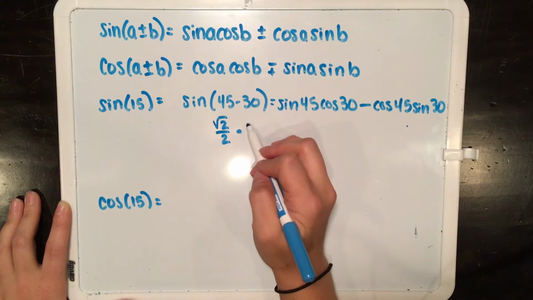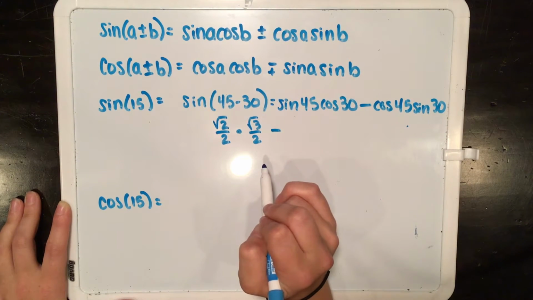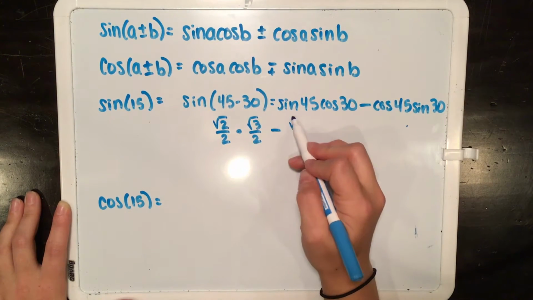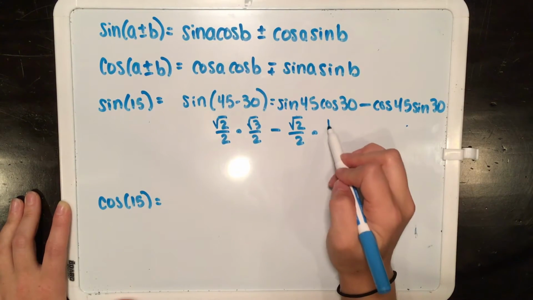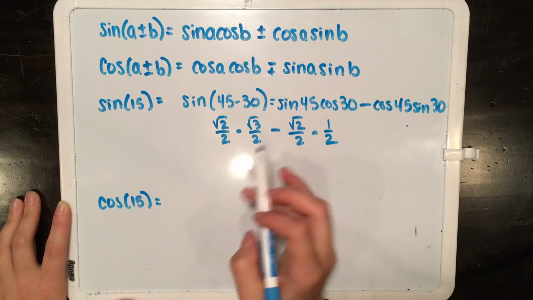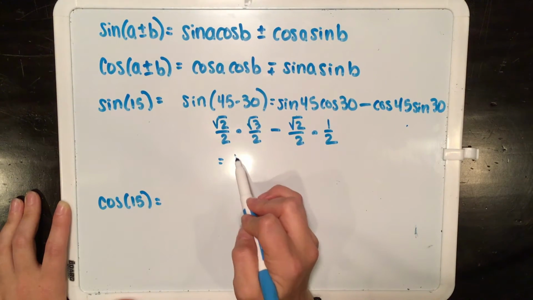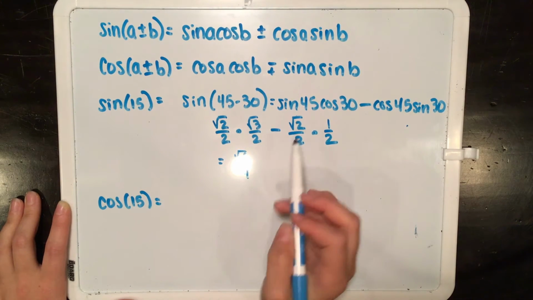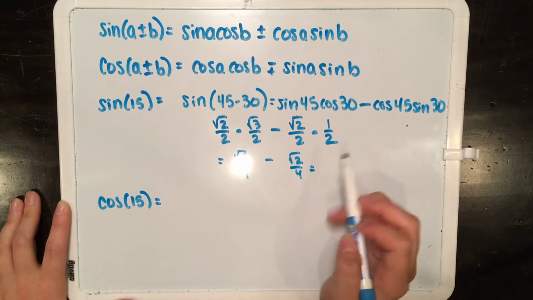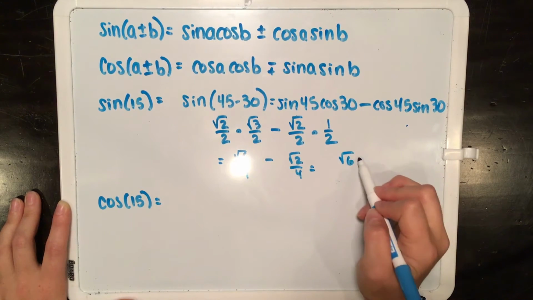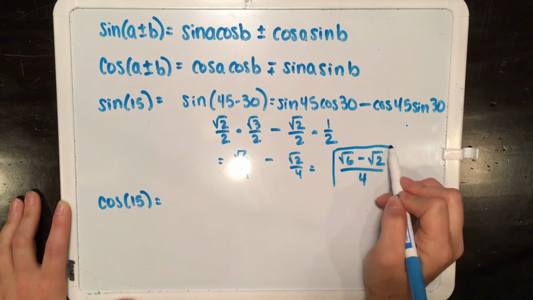Cosine of 30, square root of 3 over 2, minus cosine of 45, square root of 2 over 2, times sine of 30, 1/2. Combine this term, multiplication, square root of 6 over 4, minus square root of 2 over 4, and our solution, square root of 6 minus square root of 2 divided by 4.